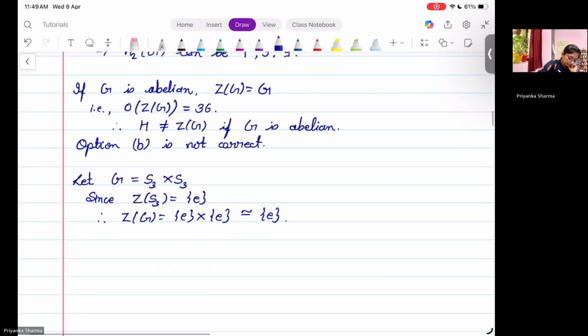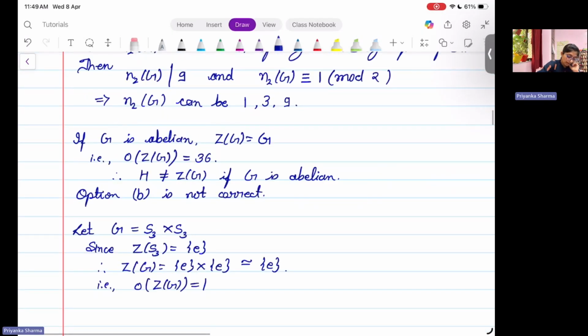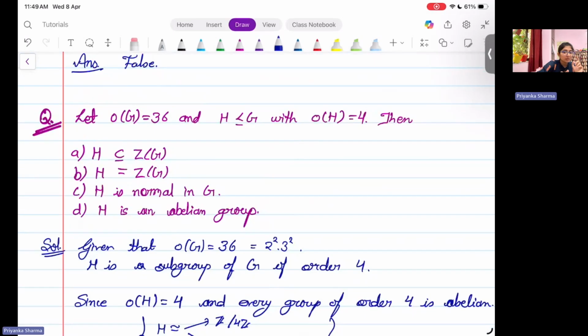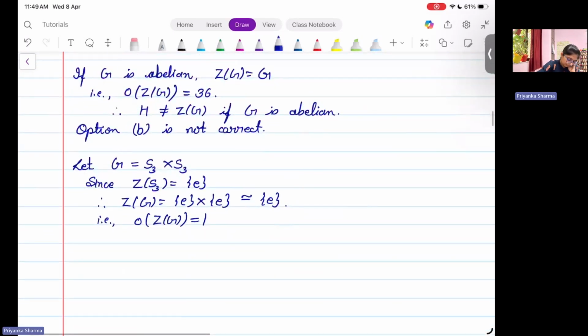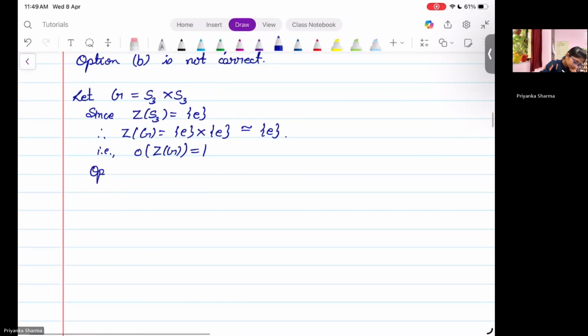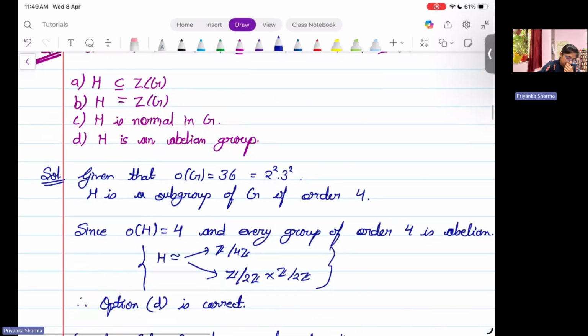That is, the order of ZG is 1 here, and the order of H is 4. So a subgroup of order 4 cannot be a part of the identity subgroup. So option A is incorrect here.